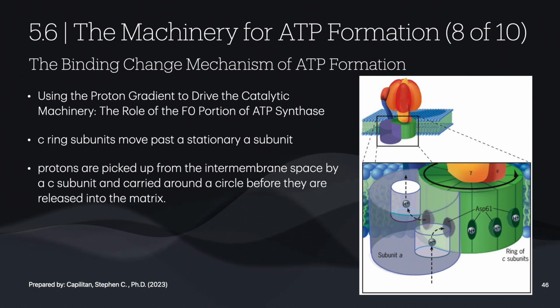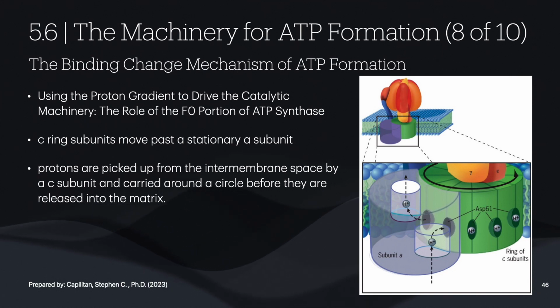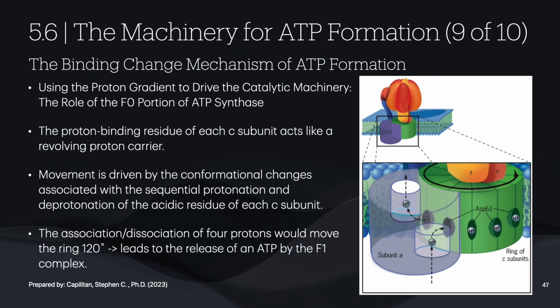So this is a model of the proton diffusion coupled to the rotation of the C ring in the F0 complex. C ring subunits move past a stationary subunit, the alpha subunit. Okay? Protons are picked up from the intermembrane space by a C subunit and carried around a circle before they are released into the matrix. The proton binding residue of each of the C subunits acts like a revolving proton carrier.